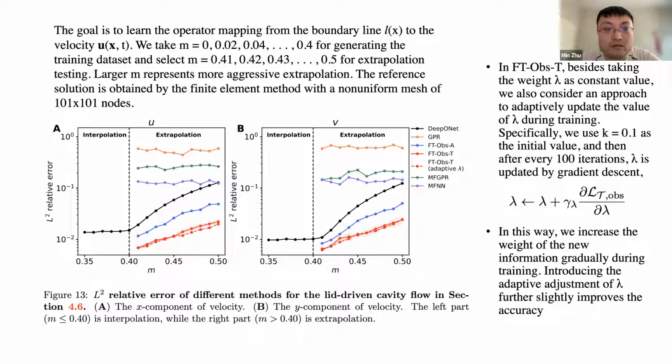Specifically, we use lambda equal to 0.1 as the initial value, and then after every 100 iterations, lambda is updated by gradient descent in this form. In this way, we increase the weight of the new information gradually during the training. Introducing the adaptive adjustment of lambda further slightly improves the accuracy.